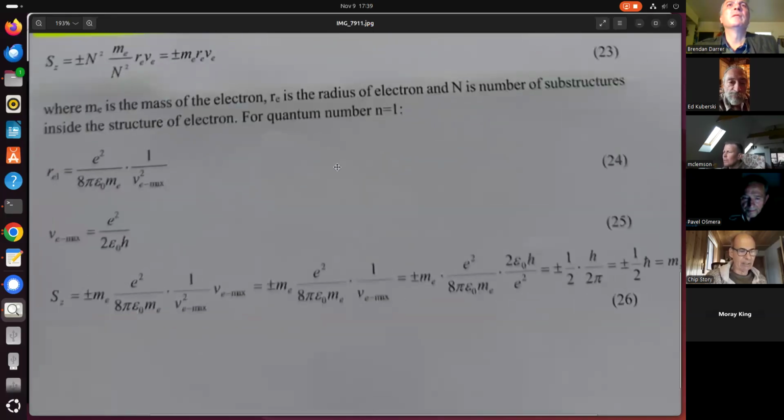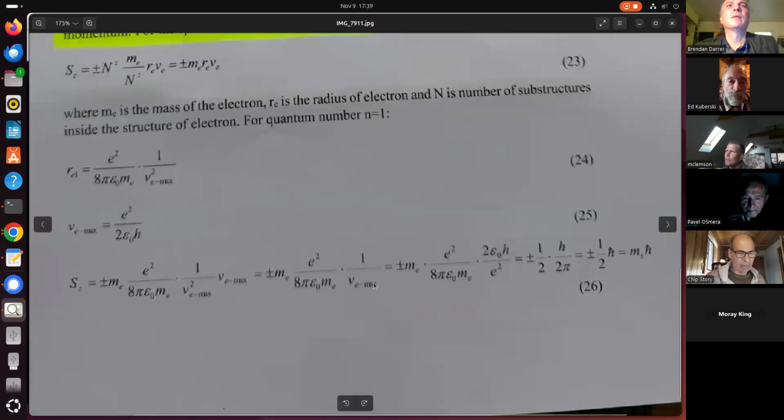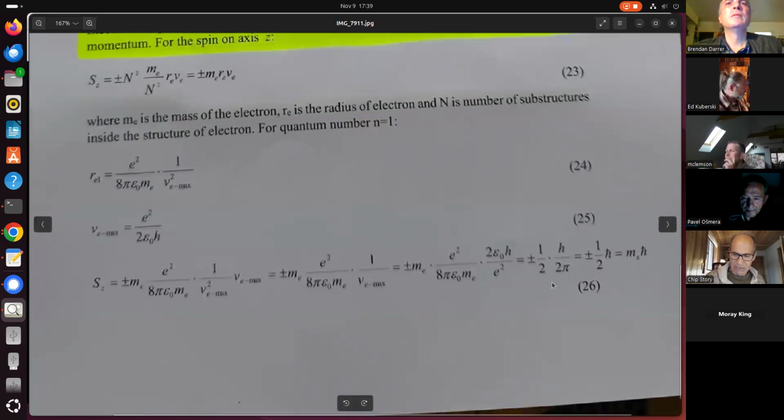We carry down through there's 8 pi epsilon in mass and velocity. We continue down through a set of equations that are conflating spin with mass, velocity, and the basic Bohr construct, it would seem.